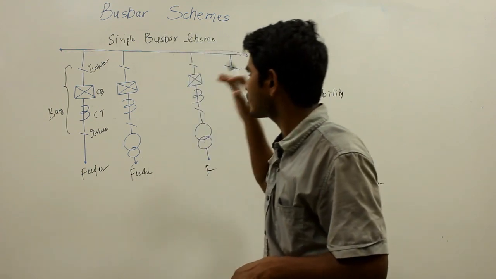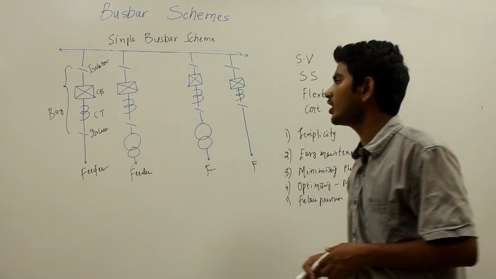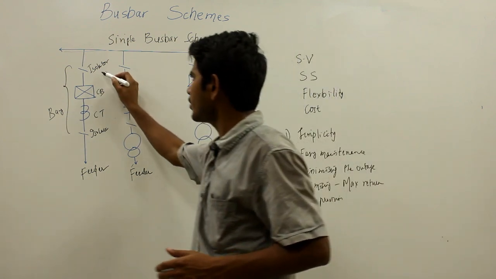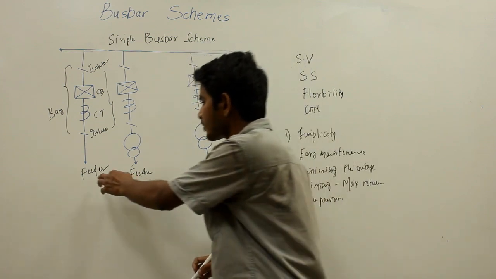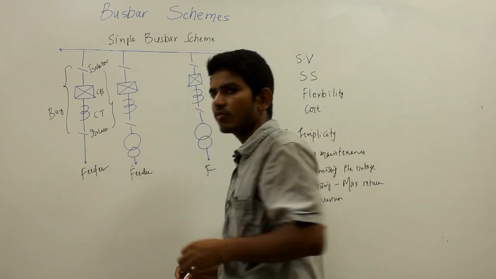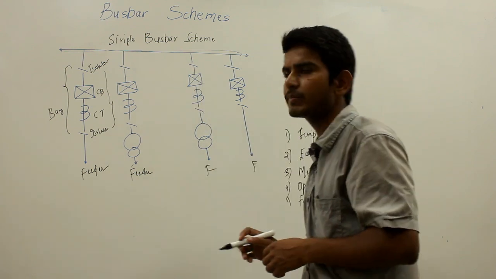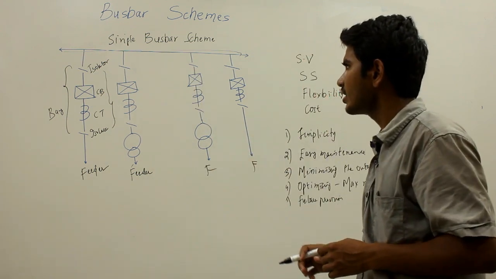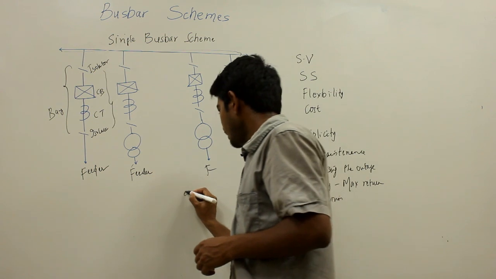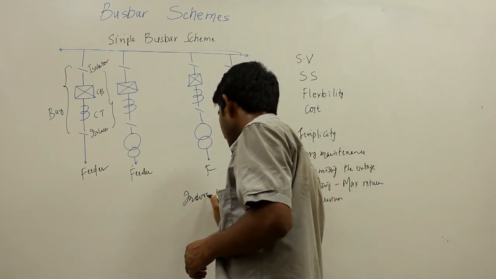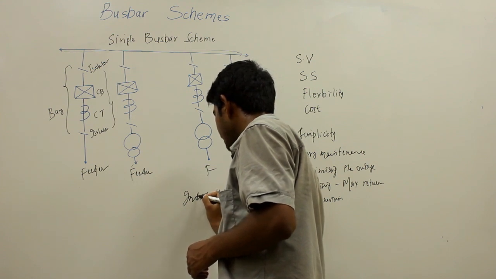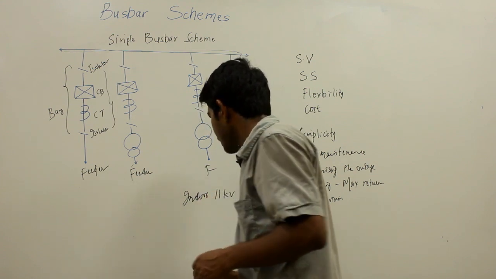Now the disadvantage is the maintenance of equipment of any bay cannot be possible without the interruption of the feeder and the transformer bay connected to the single busbar. That is the only disadvantage, and it is basically used in indoor 11 kV switchboards.